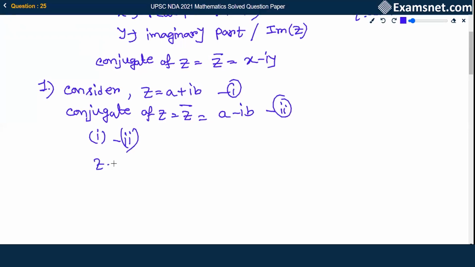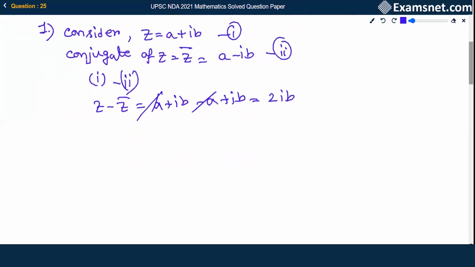Let's do this. z minus z bar is a plus ib minus a, minus of minus ib. Both a got cancelled. We will be left with the value 2ib. Look here, there is no real part, correct? Only 2ib. So 2b is associated with i. That means it's a purely imaginary number.